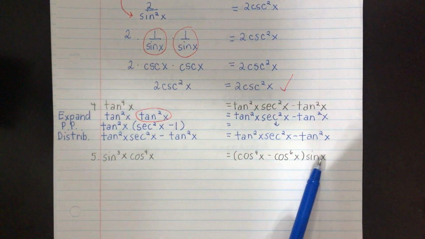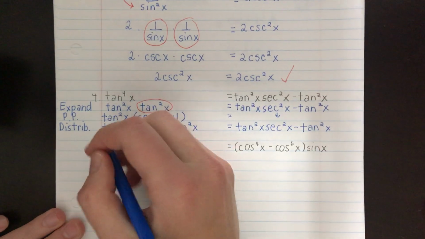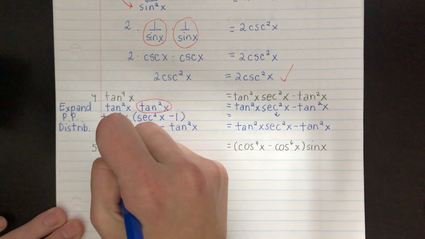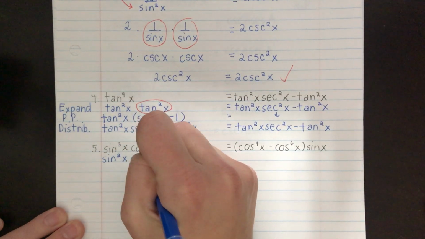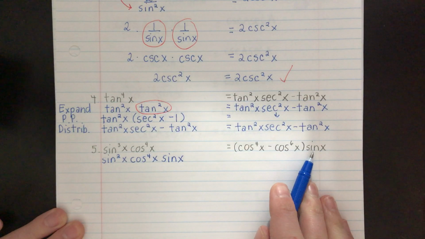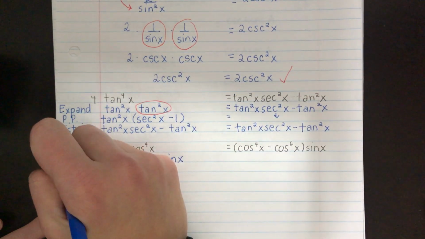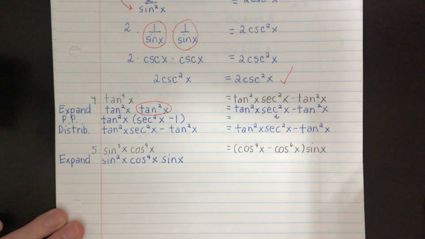You know that you want the sine of x outside here. And so we're going to break this up in a funny way. We're going to do sine squared of x cosine to the fourth of x sine of x. That's because, look at this, we know we want that sine on the outside. So we're going to expand kind of in a funny way to try and manipulate it to look like that.